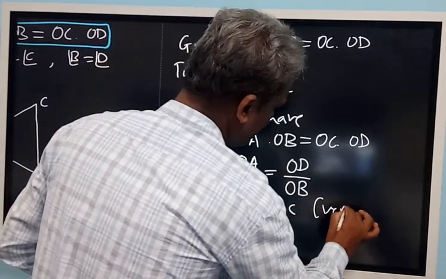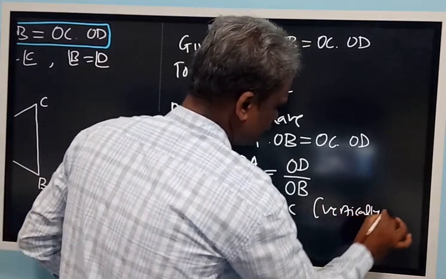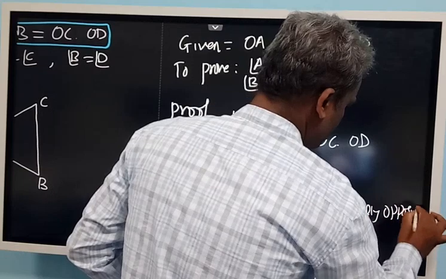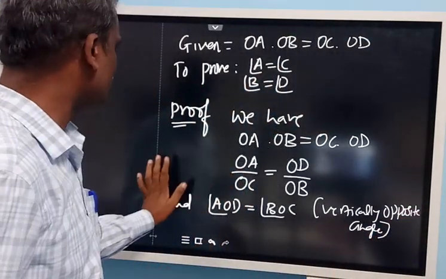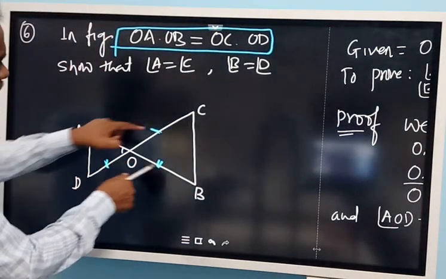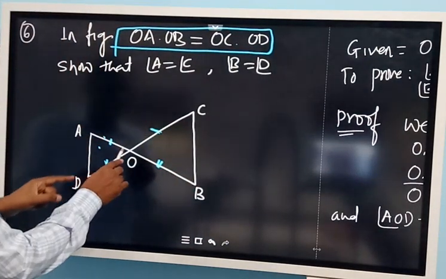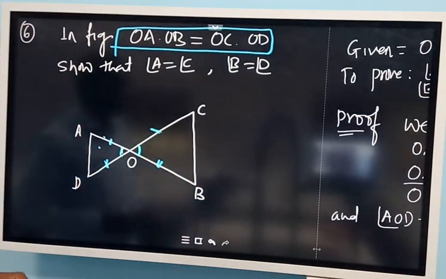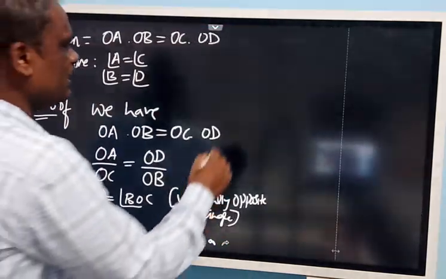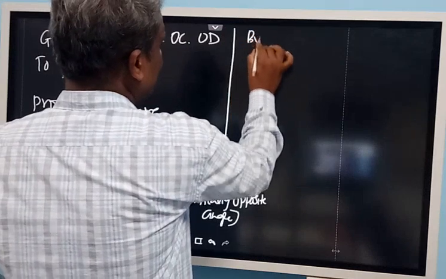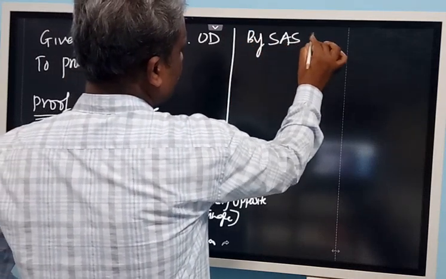The reason is vertically opposite angles. See now, two sides are proportional to two sides of another triangle, and the included angles are equal. Included angles are equal here. So therefore, by SAS similarity, I can write.